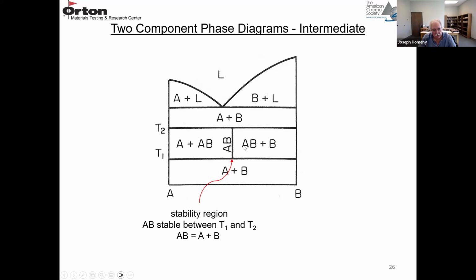So in this region here, A plus B form AB2, and then A plus B form AB, and then AB decomposes again at T2 to A plus B. So there's a compound that's only stable over some temperature region.